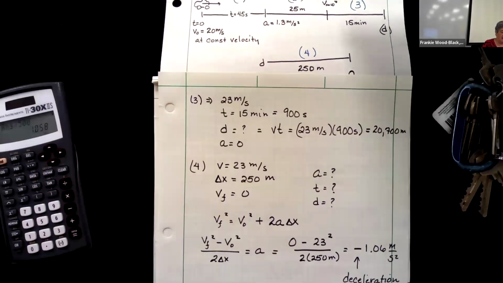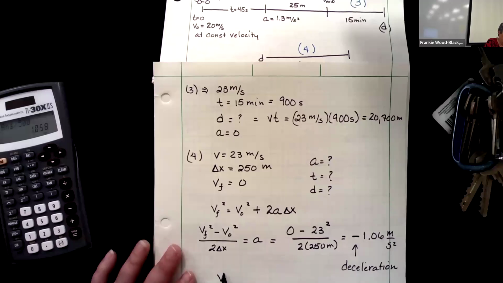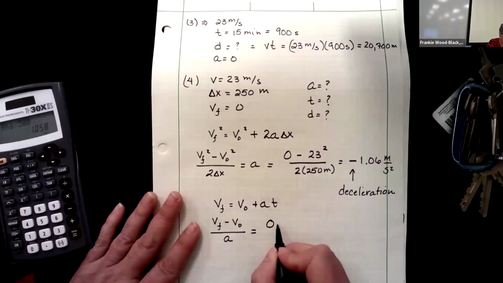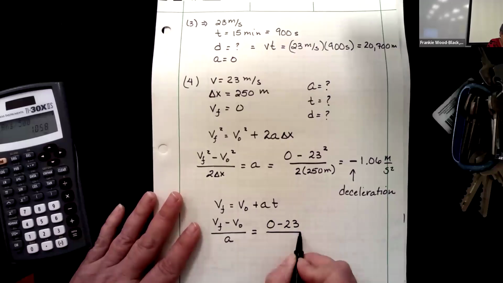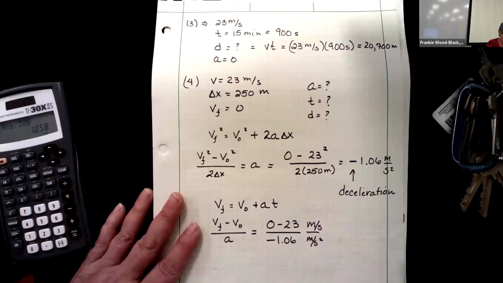But now I want to find my time. V final is equal to V initial plus or minus my acceleration times time. So I get V final minus V initial divided by my acceleration, and I can calculate my time. V final is 0, V initial is 23. My acceleration is a deceleration, so I have to carry that through, in meters per second squared.